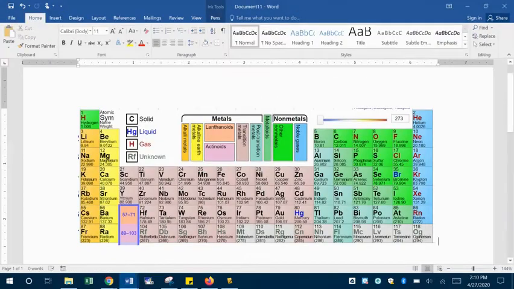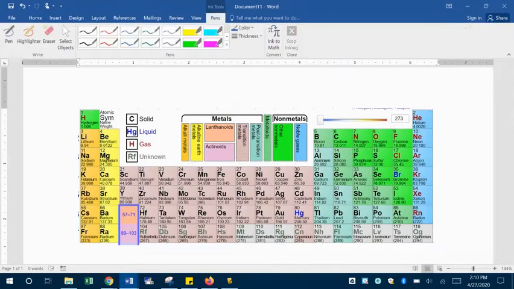So if you need a review of what valence electrons look like, if you look at a periodic table, in order to determine the number of valence electrons, you just have to figure out what group it's in. So everything in group 1 is going to have 1 valence electron. Anything in group 2 is going to have 2 valence electrons. And then we don't look at our transition metals because it gets a little bit more complicated there.